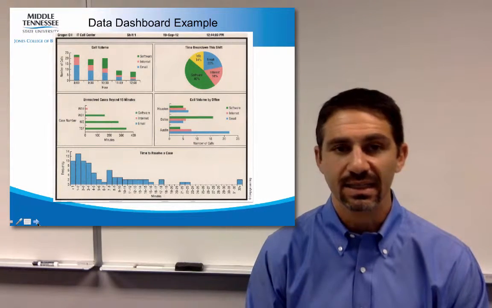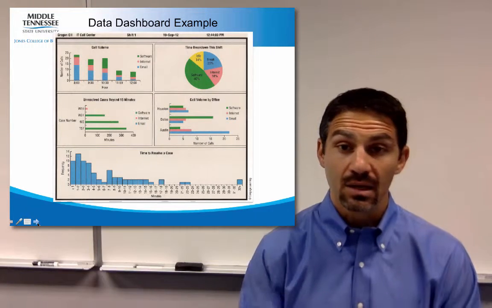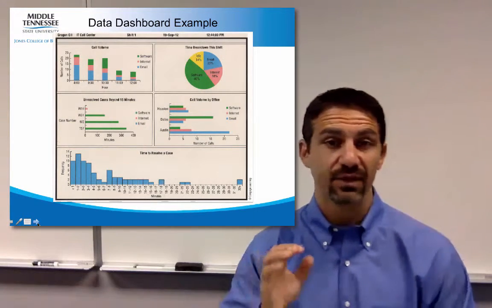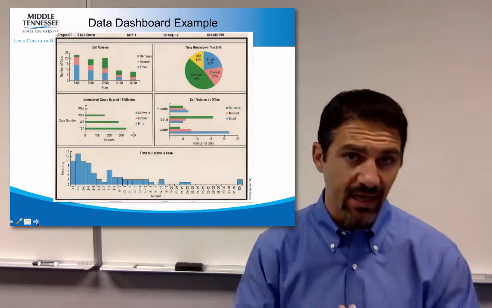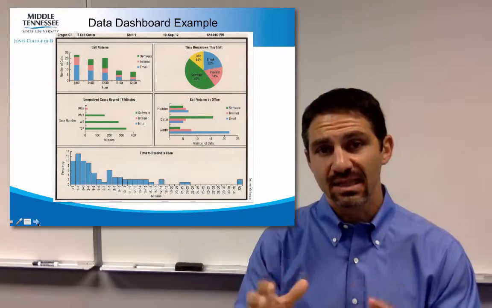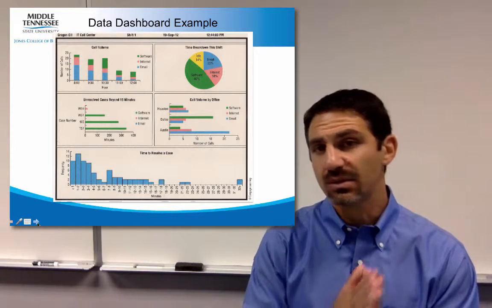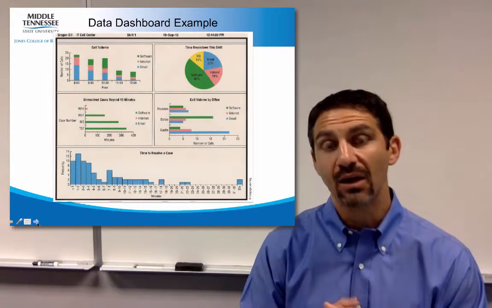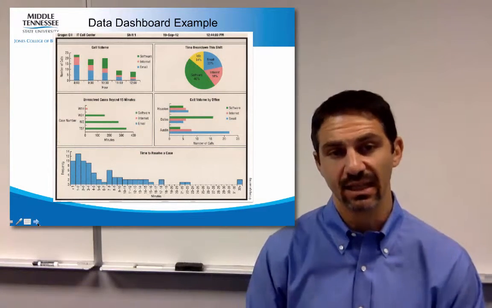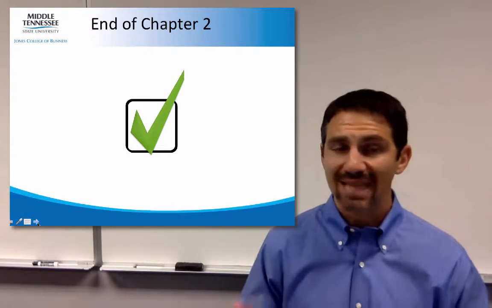So it's an easy way to find different trends maybe, look at anomalies in our data, a lot of different things. This is what we use in today's world to understand what our large sets of data are telling us. And so with that, that's chapter 2.